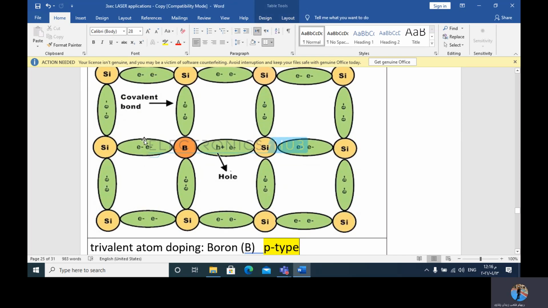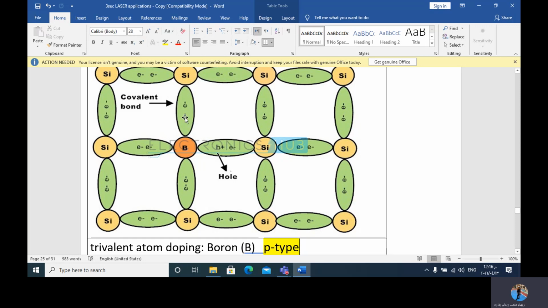This can be explained if I have silicon and boron. Boron is a trivalent element. It has 3 electrons in the outermost shell. Here you have an electron from this silicon, and this electron from this silicon. Boron shares with this silicon electron, with this silicon electron, and here with this electron.